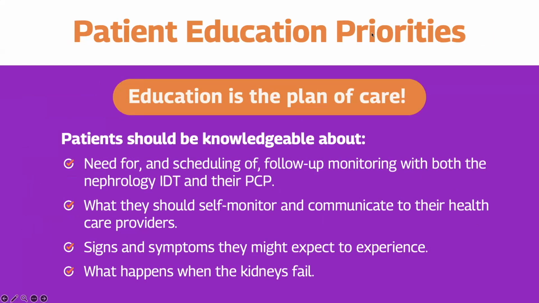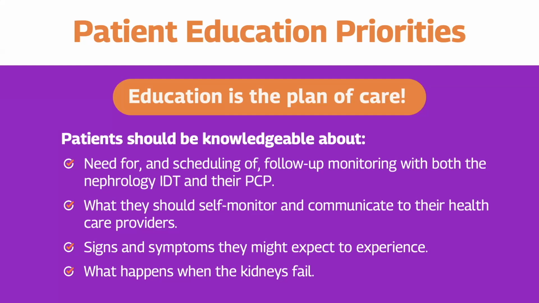So, just teaching patients and their families about the details of their current therapy is not enough. They also need to understand the big picture of their plan of care. They need to know why and schedule follow-up monitoring with the nephrology interdisciplinary team and their PCP.